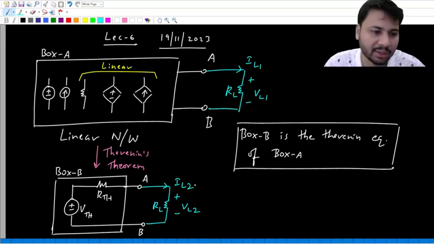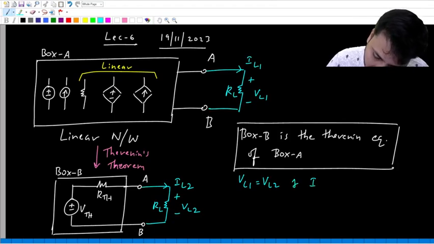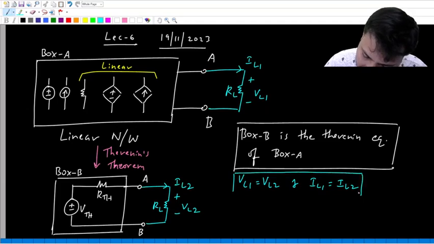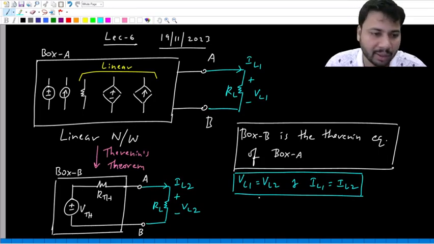You will also get some load current, IL2. Now will VL1 and VL2 be equal? Yes. So VL1 equals VL2, and also IL1 equals IL2. So in both the cases, the load voltage and the load current remain the same.